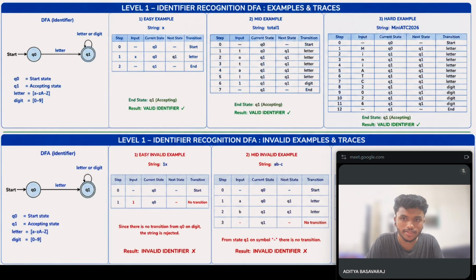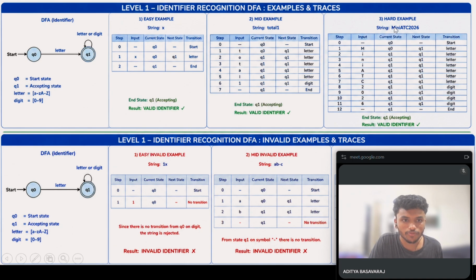So coming to the valid and invalid cases of Level 1 identifier recognition. Taking a string like X, the transition from Q0 to Q1 on X, which is a letter, is a valid identifier. Next, taking total1, T will be consumed from Q0 to Q1. Then O, T, A, L fall under a loop on Q1, and lastly the digit 1 is also a Q1 loop.